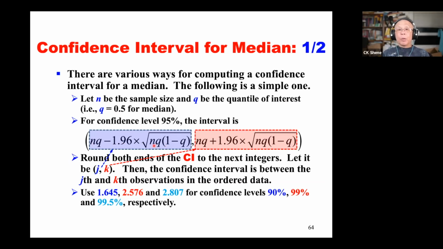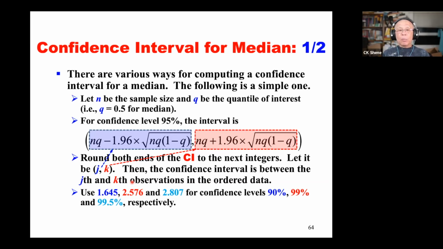Because Q is 0.5 and N is fixed, this value is fixed. Replacing subtraction by addition, we have the upper bound. Now, find this interval, then round both to the next integer. After rounding, you have J and K. Then the confidence interval is between the Jth and Kth observations in the ordered data.